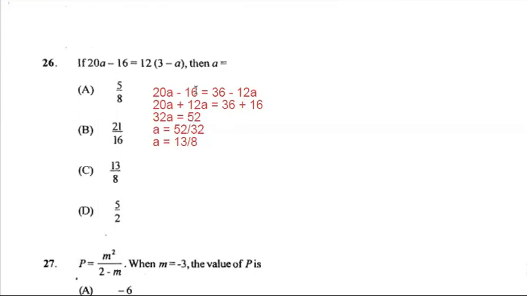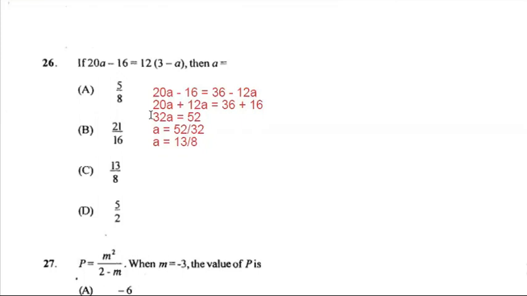And remember, once you move a number across the equal sign, the sign changes. So it was negative 16, when it goes across it becomes positive, and negative 12a, when it goes across it becomes 12a. So therefore a is equal to 52 divided by 32, and we can simplify this fraction by dividing both by 4.